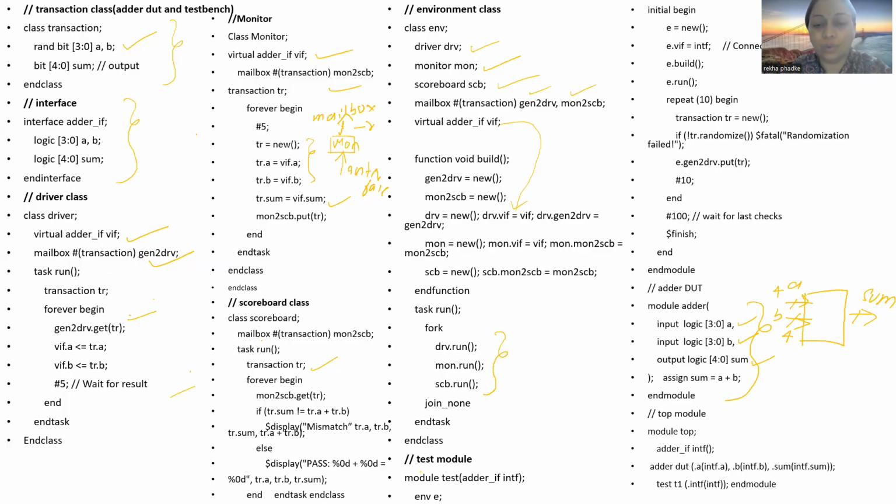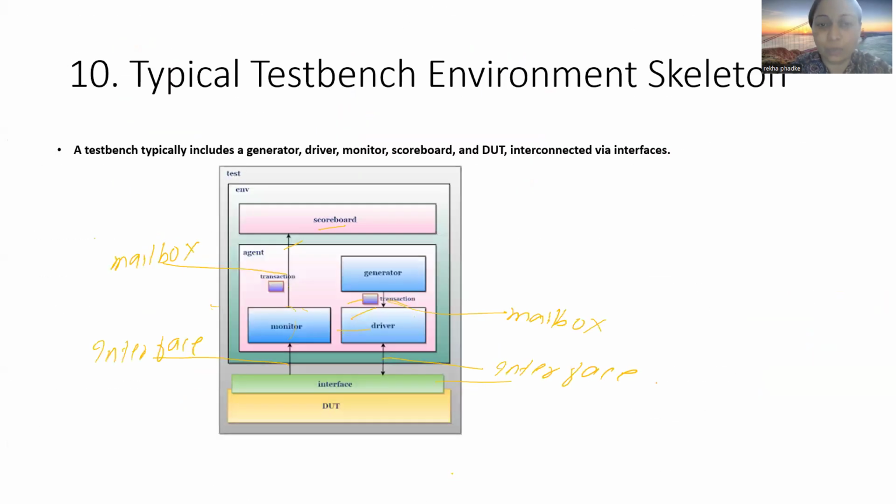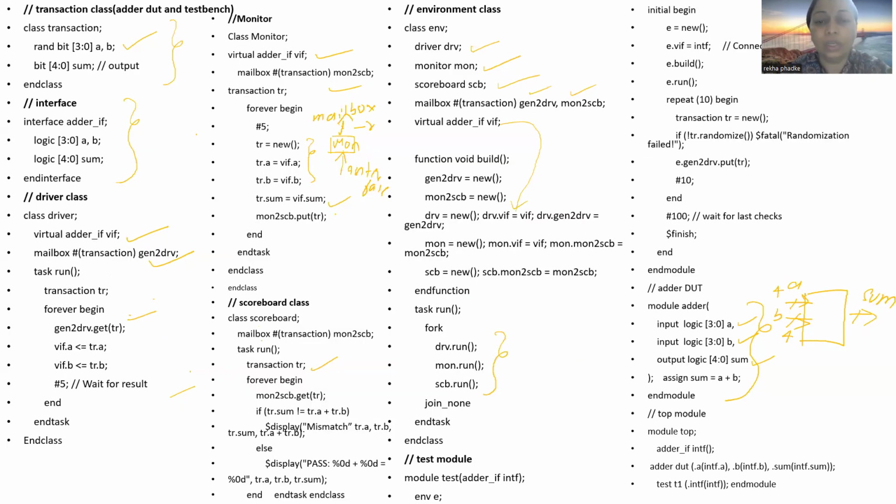Then coming to module test. That's outside the environment. If you remember this block diagram, we have test outside the environment, which holds the entire test bench environment of SystemVerilog. So that's the module. I name it module test, and I invoke environment inside it.